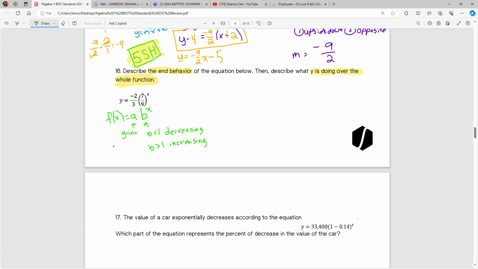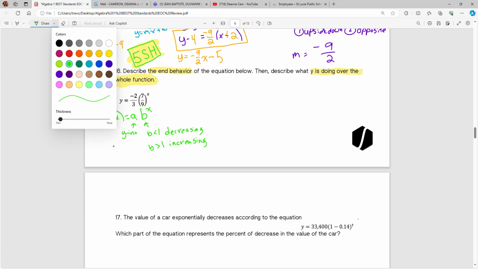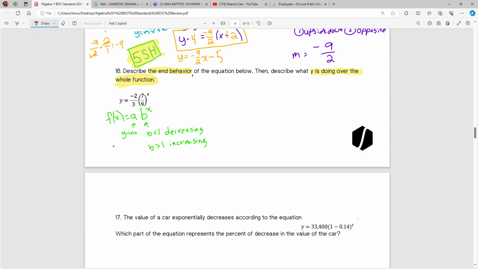So for me, right here, I would make a little table for these values to kind of see what's going on here for my x and my y values.